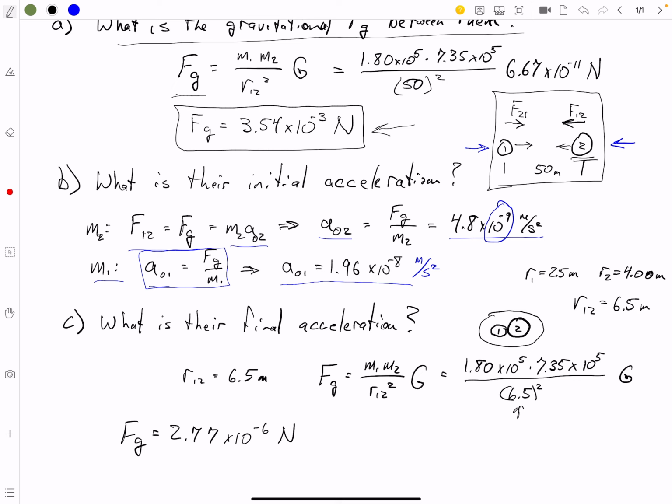All right. 1.8, enter. 7.35 times 6.5 squared, divide. 6.67 times. And then we've got 11, so I should multiply by 10 to the minus 1, which would be divide by 10, and I'm left with 208 times 10 to the minus 3. That's so much better.